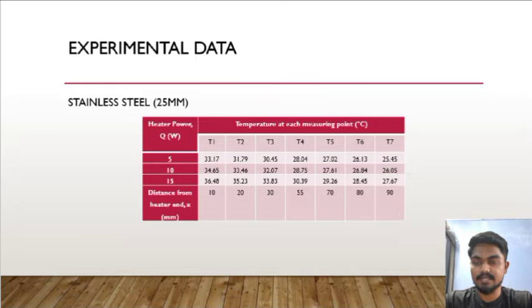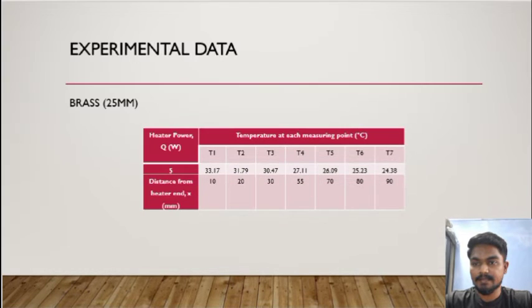For stainless steel, we had 3 heater powers, which are 5 watts, 10 watts and 15 watts, and then the temperature at each measuring point was recorded. And for brass, we have only 1 heater power, which is 5 watts, and the temperature at each point is tabulated.